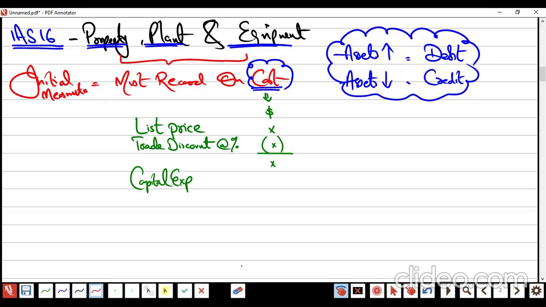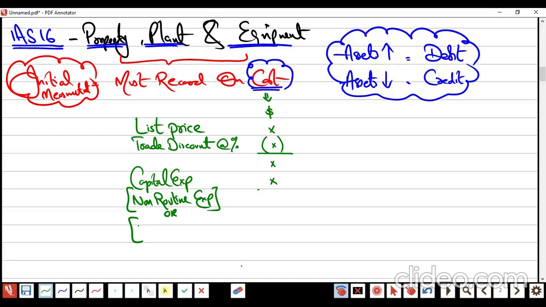When we are talking about the technical word initial measurement, we must add capital expenditure in the cost of the asset. Capital expenditures are non-routine expenses, or any expense which can bring improvement, improve life or working efficiency of an asset.